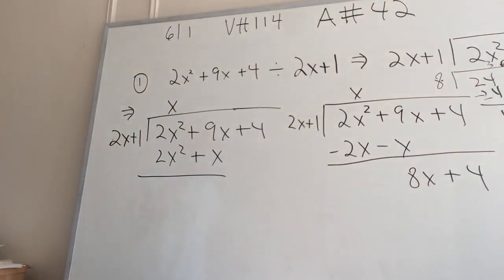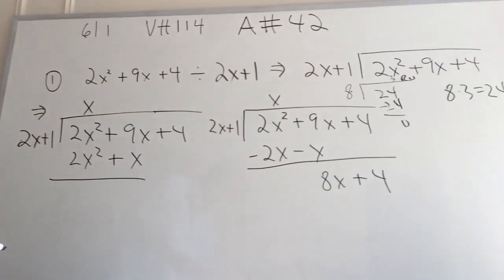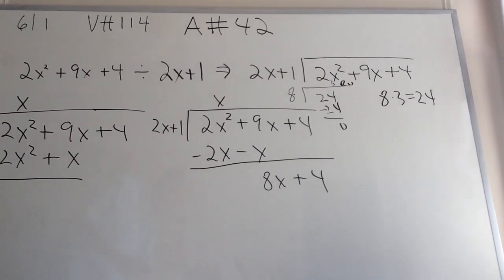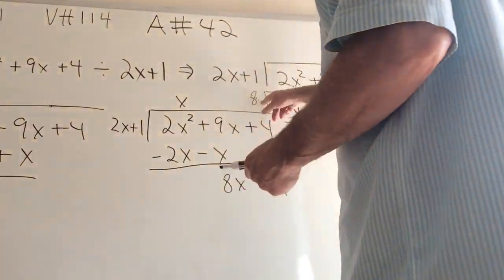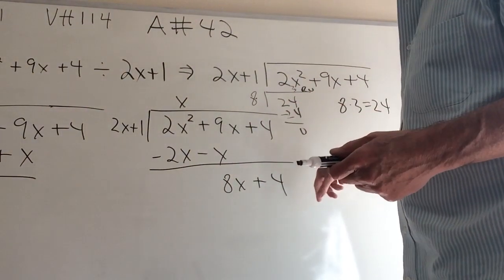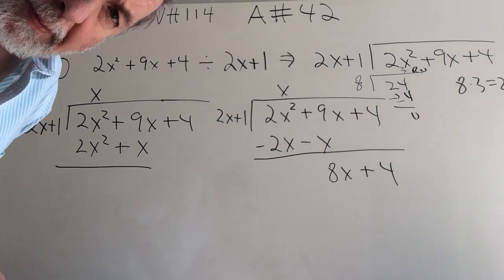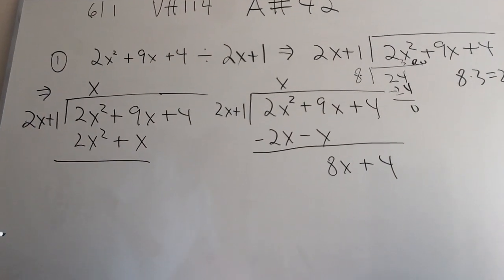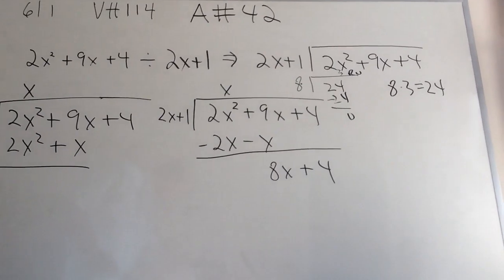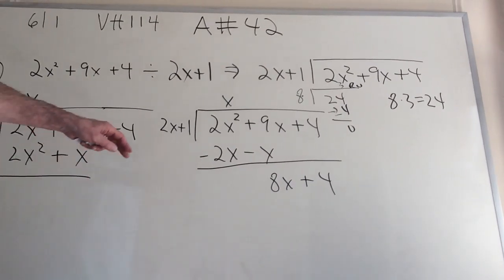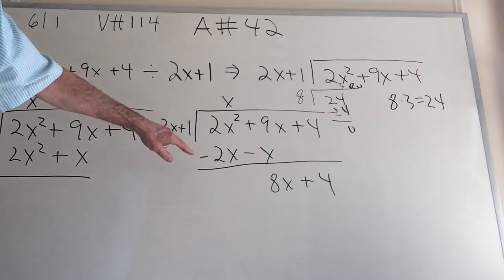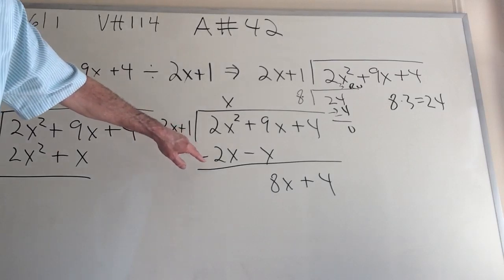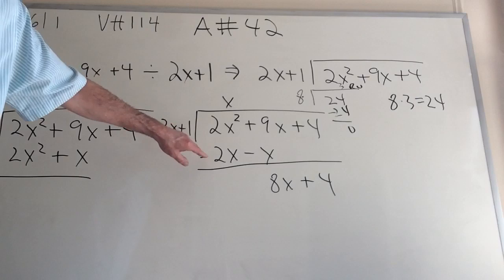And now I go over here, I just turn the tables on you, and didn't I have to subtract over here? You all agreed that when I divided 8 into 24 and got 3, I subtracted. Well, I'm just going to do the same thing here. Since you're big boys and girls now, you see that you have to subtract the way that you subtract when you're doing polynomials.